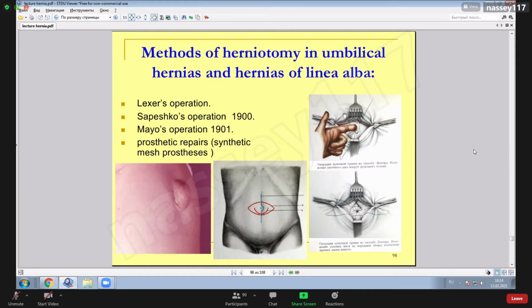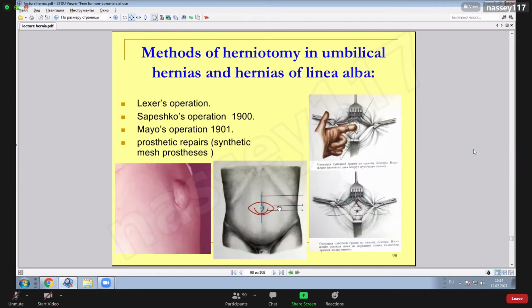And this picture demonstrates Lexer operation when, after herniotomy, removal of the sac, yes, around the umbilical ring we put a purse-string suture, tighten it, and then for duplication of the aponeurosis, above the first layer we stitch it by interrupted sutures. By Sapezhko, if you want to do the operation, the incision should go vertical, and if Mayo, the incision should go horizontal.